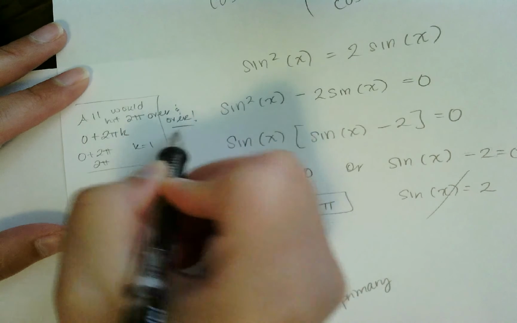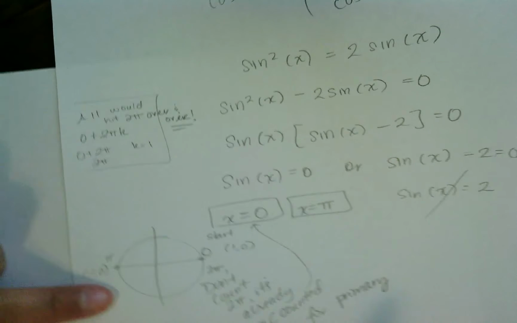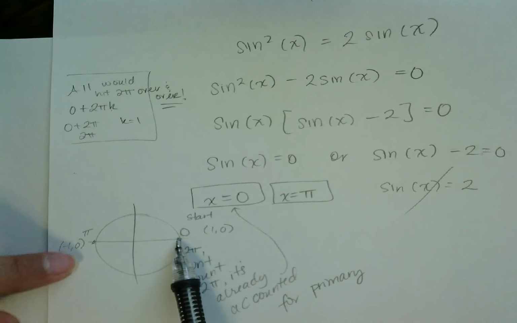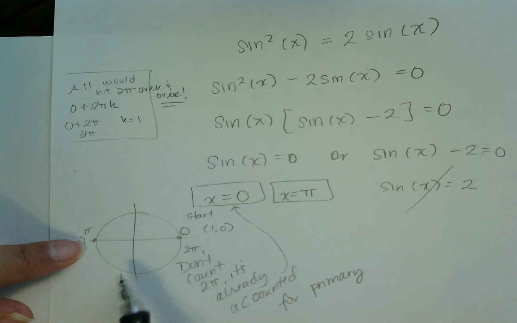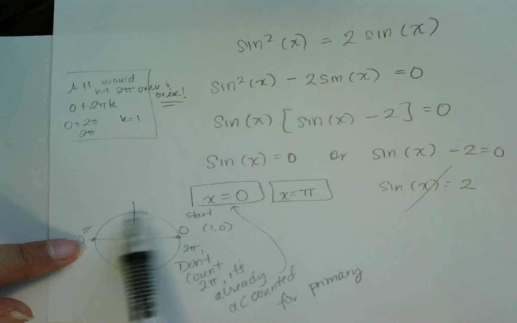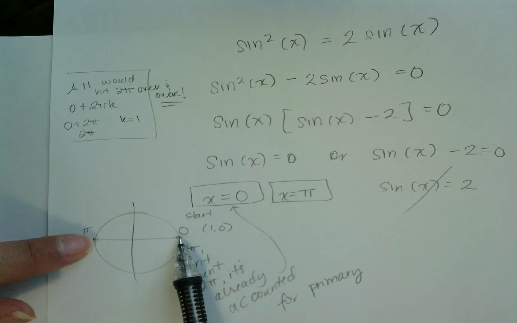But since it only wants primary, it only wants however many spots it takes to get to one time around. So one time around, you got your 2 solutions.